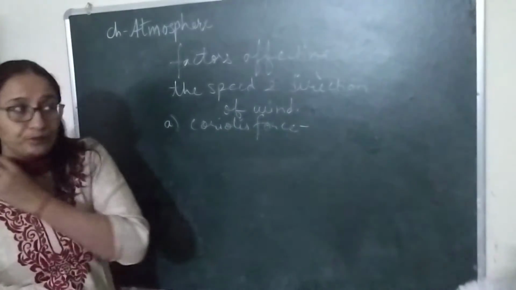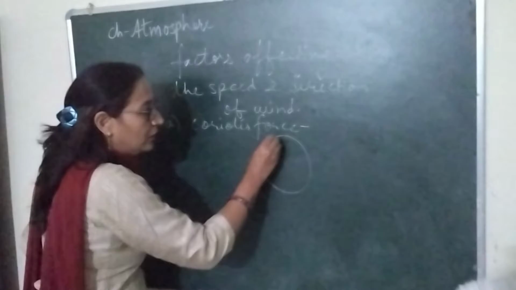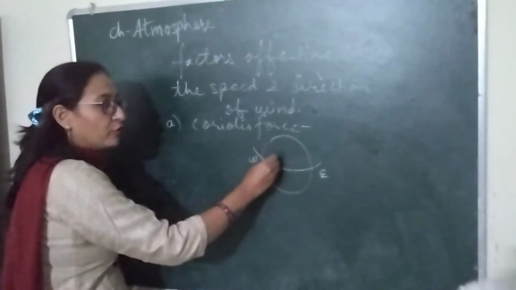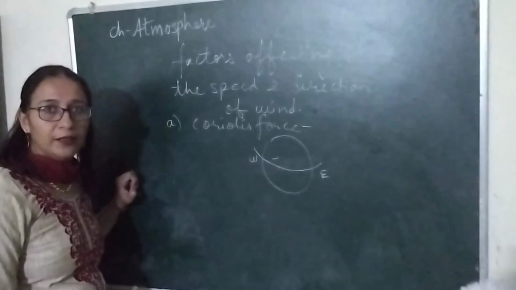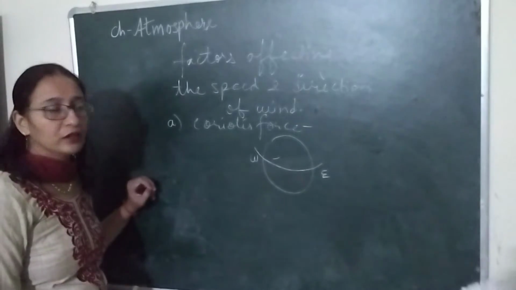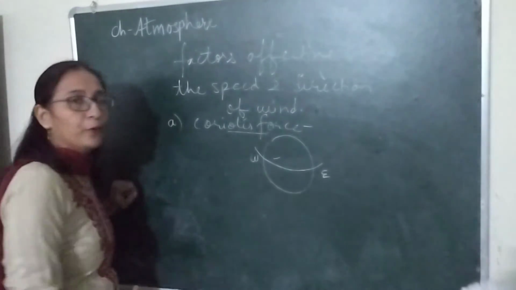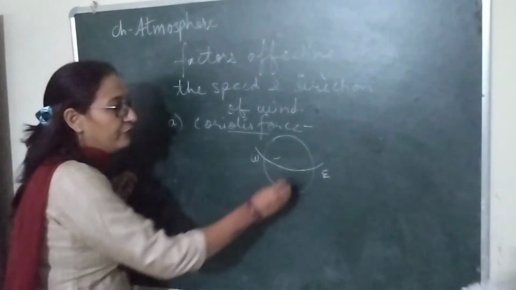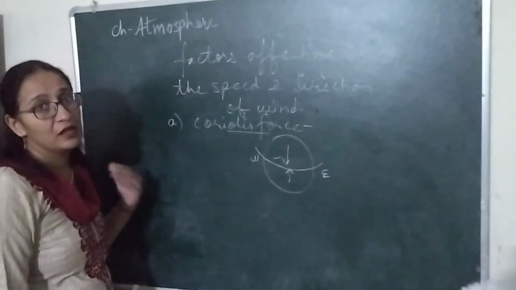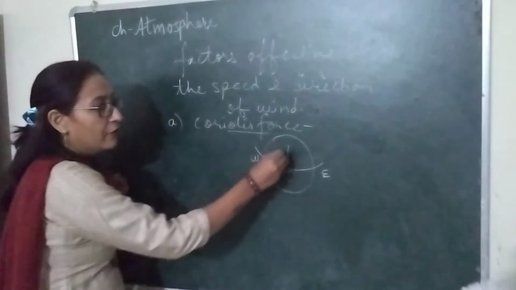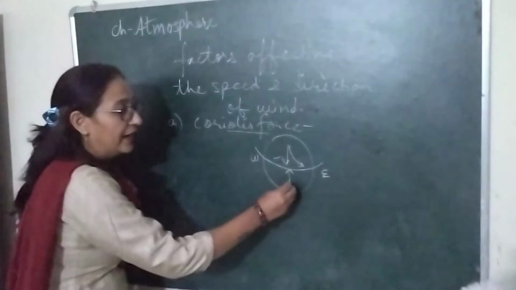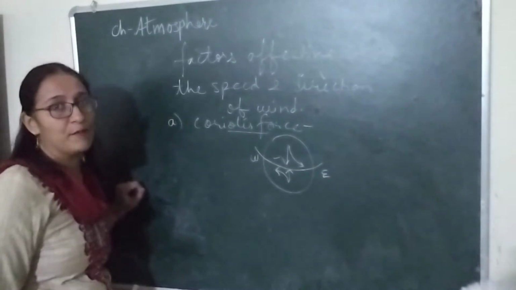As we know that earth rotate west to east, speed of rotation is maximum near equator. So due to the rotation of the earth, Coriolis force will be produced and wind gets deflected from their original position. Wind always deflect right in the northern hemisphere and left in the southern hemisphere.